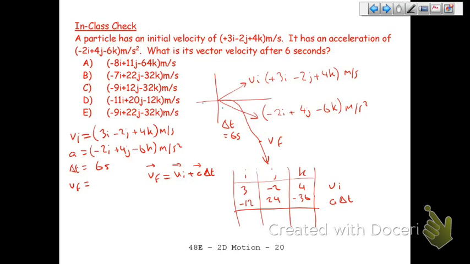And that equation tells me to add these guys together. So then I'm going to go, well, that's going to be, what, minus 9i. And this is going to be plus 22j. And this is going to be minus 34k. I think I did that right. So my answer is minus 9i plus 22j minus 34k.